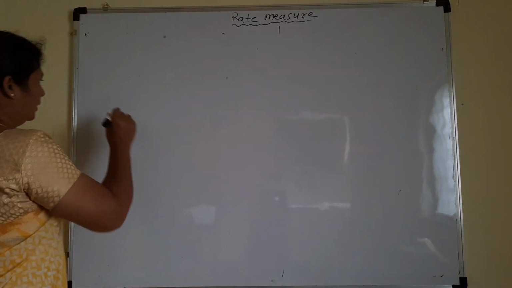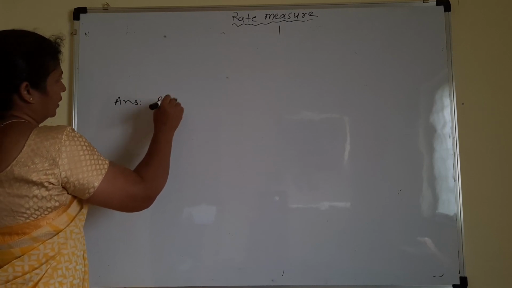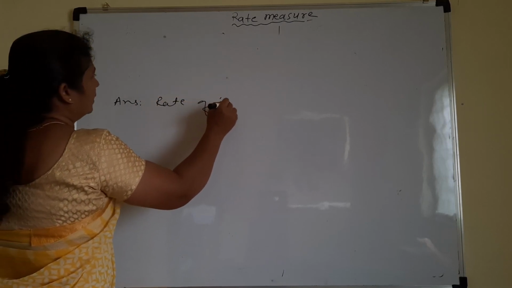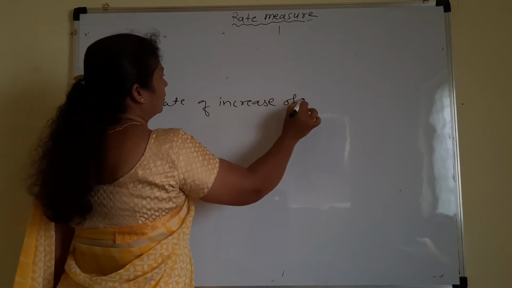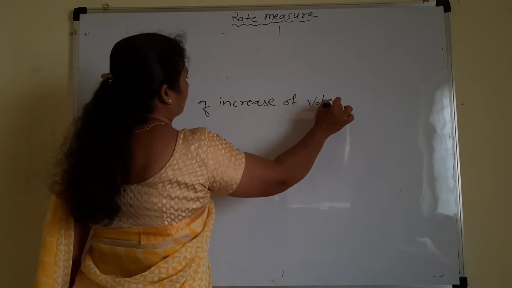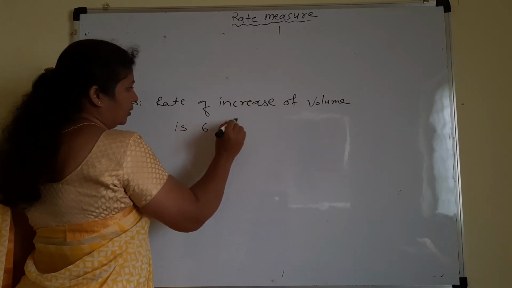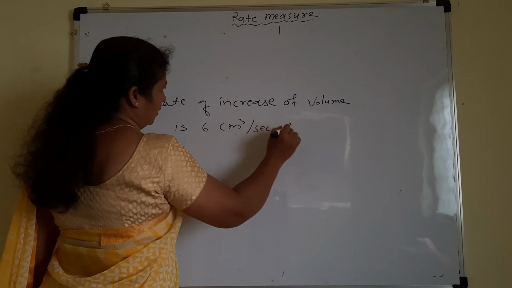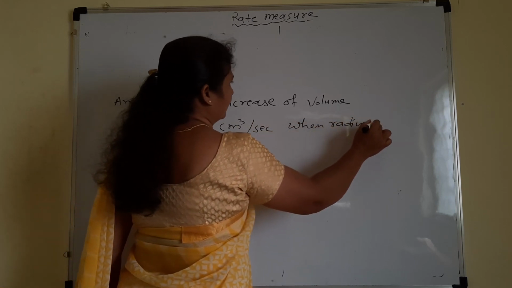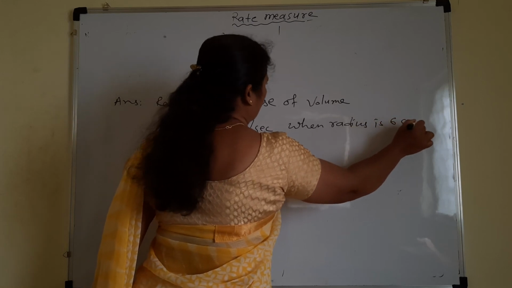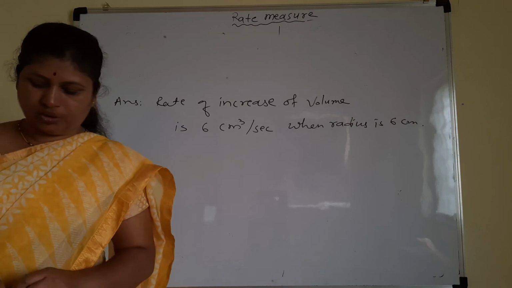You may write it as the answer: rate of increase of volume is 6 centimeter cube per second when the radius is 6 centimeter. This will be your final answer. Okay, so these are the two examples.